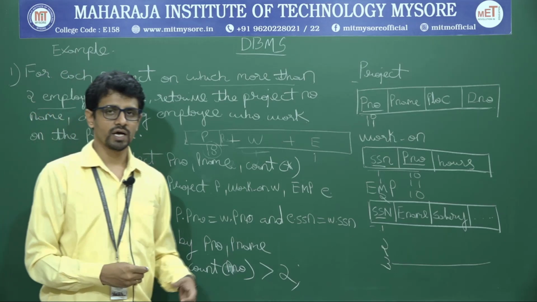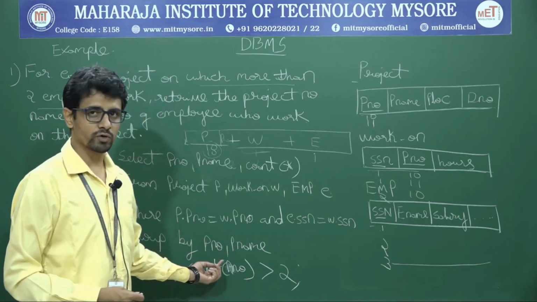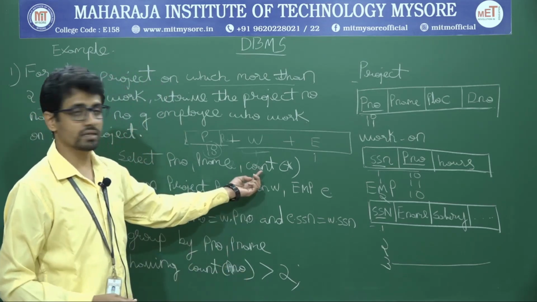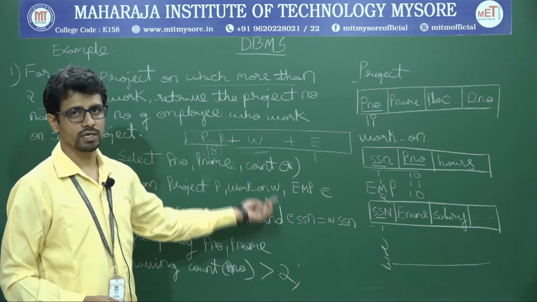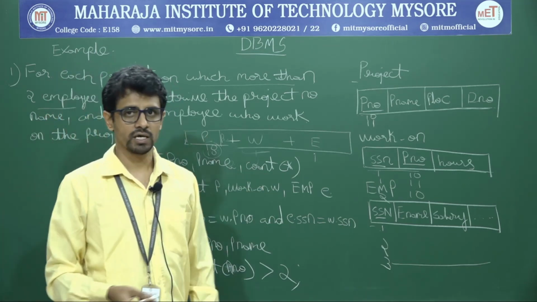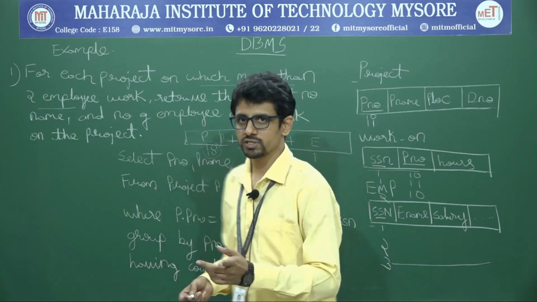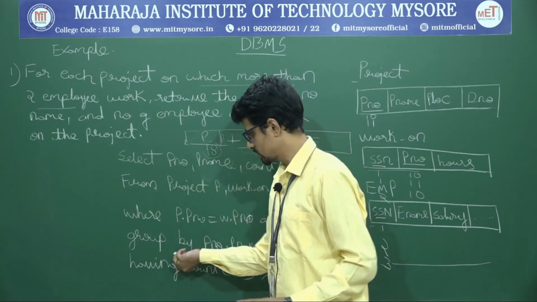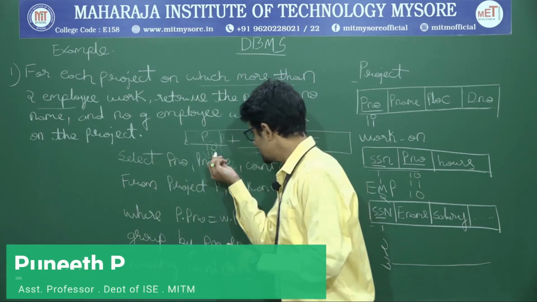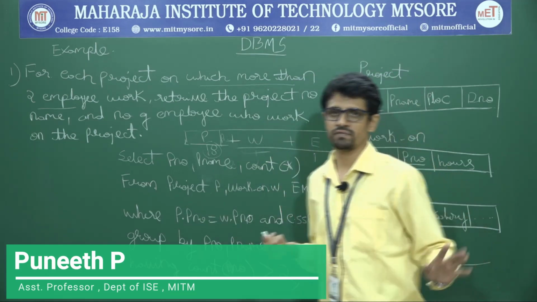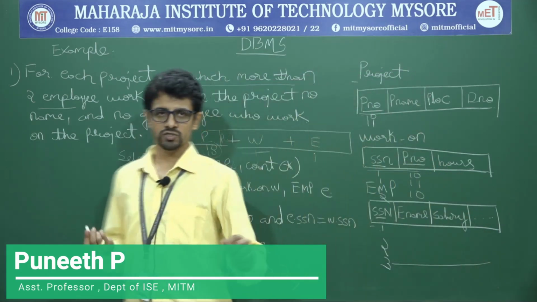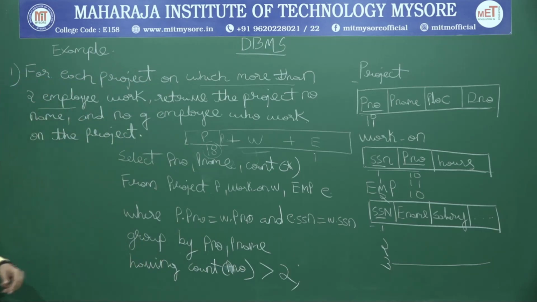For each group you have a number, and that number should come in the select clause also. As I told in the last video, in the select clause you should have only those attributes present in the group by. With that I can have any number of aggregate functions, that is totally fine. So this is the query for the given question.